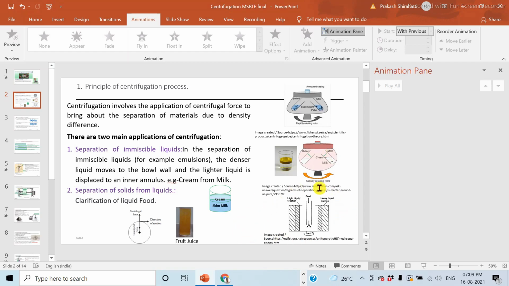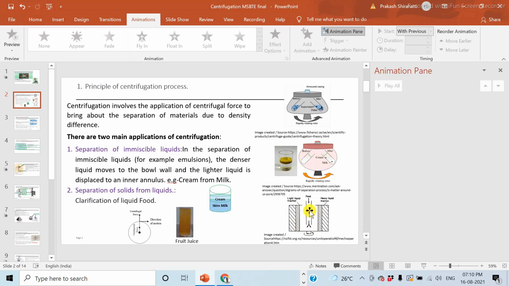In this third example, you can see the basic principle of centrifugal separation. A high speed rotational force is applied to the bowl, and the liquid food is fed into the rotating bowl. Due to the high speed centrifugal force, layers form depending on the density of the constituents: the higher density material moves to the wall side, and the lighter material remains in the center.